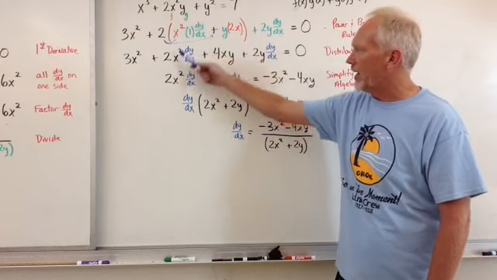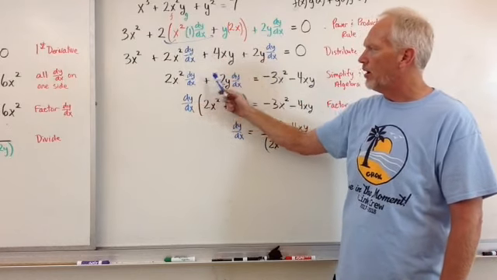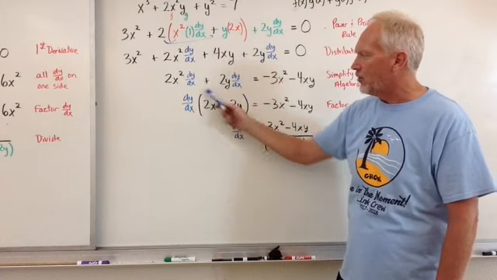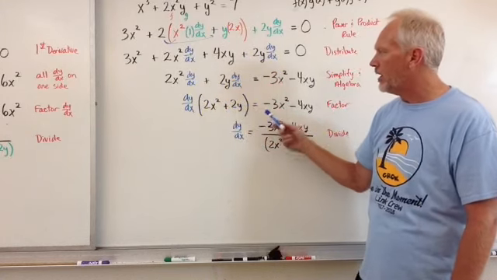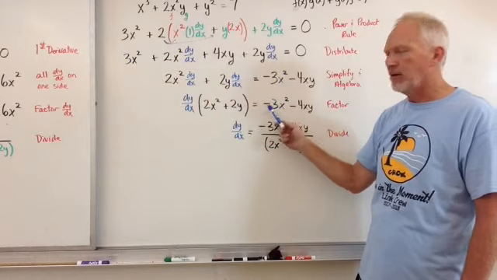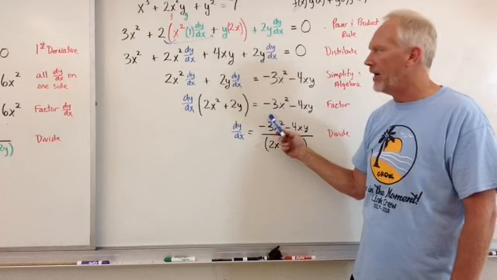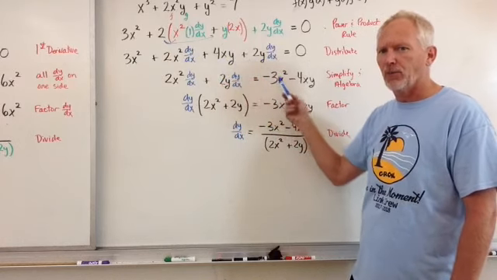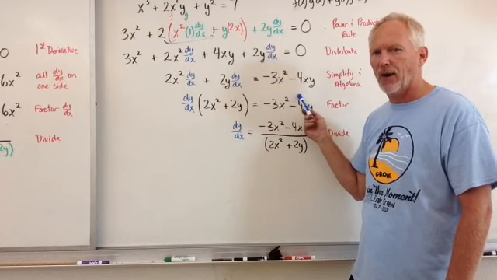So I collect my like terms, 2x squared plus 2y dy/dx. Factor out a dy/dx, and that will equal, well, when I moved 3x squared, I had to subtract it and move it over to the other side, as well as this 4xy. Subtract it from both sides of the equation, and that ends up right there.